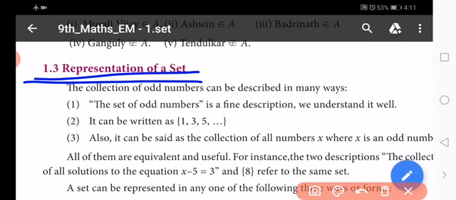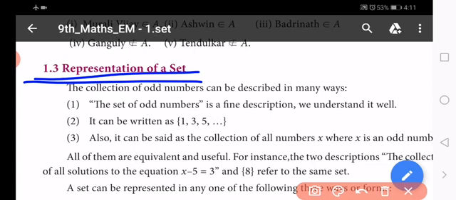If an element does not belong, we use the symbol does not belong to. So we use the notation. After that we discuss the other topic, representation of a set.